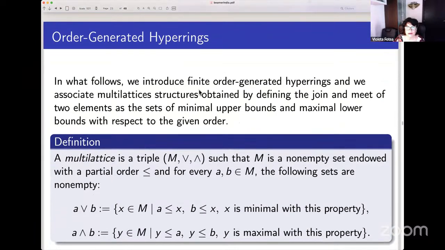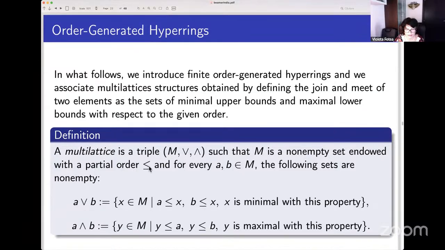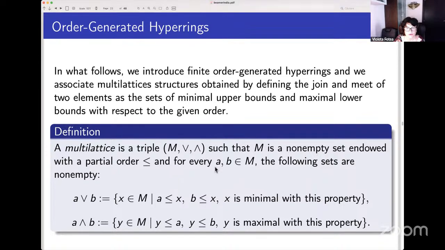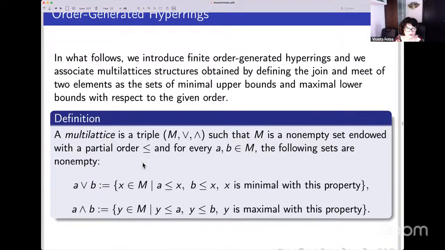And what about these order-generated hyperrings? We start with a multilattice. For each two elements, we have a set of minimal upper bounds, and similarly, for the lower bounds, we have a set of maximal lower bounds. We start with M from a multilattice, a non-empty set, endowed with an order.